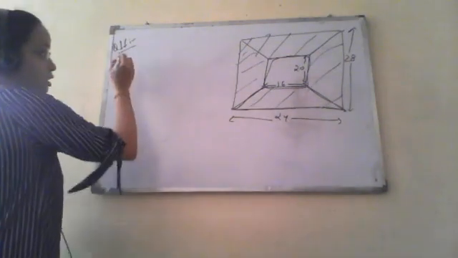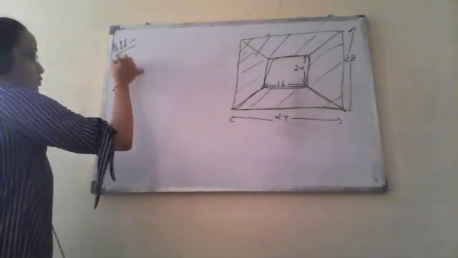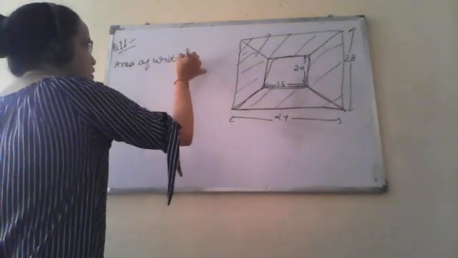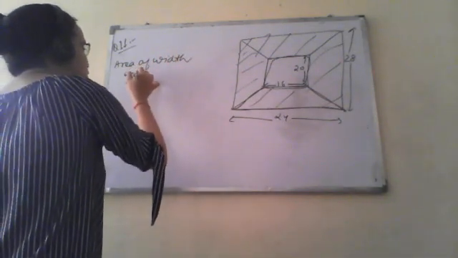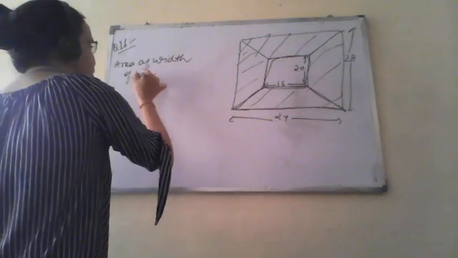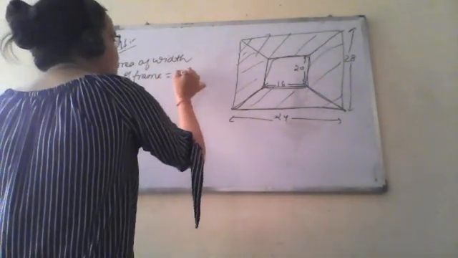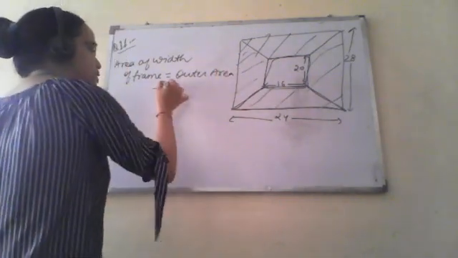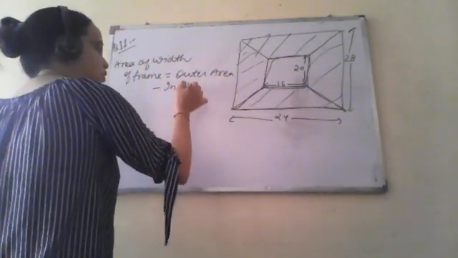So the area of the width of the frame will be outer area minus inner area.